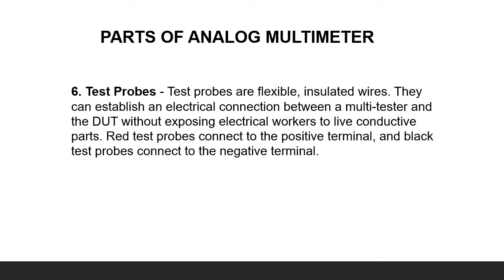Test probes. Test probes are flexible, insulated wires. They can establish an electrical connection between a multi-tester and a DUT without exposing electrical workers to live conductive parts. Red test probes connect to the positive terminal and black test probes connect to the negative terminal. Again, red for positive, black for negative.